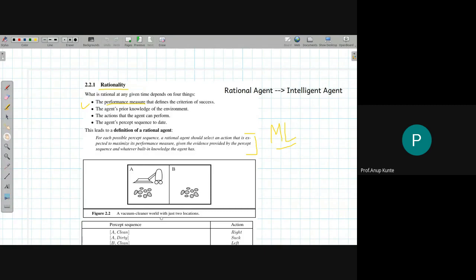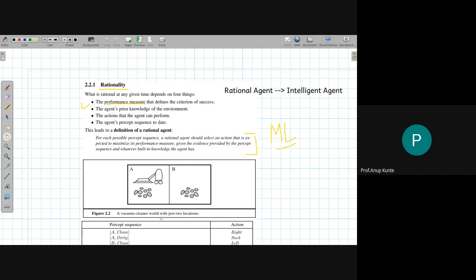Initially, the agent won't be able to represent the environment in an appropriate manner. But as it gains more and more experience, it will become more proficient in representing the environment well. So there are two kinds of knowledge available to the rational agent. One is the built-in knowledge.